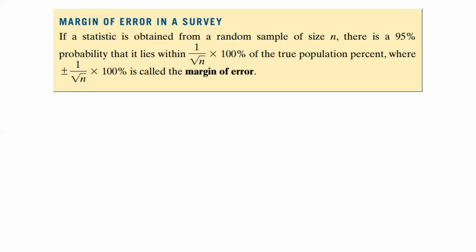It depends on how many data points you gather. If you gather a lot of data points, like in the billions and trillions, your margin of error is going to be pretty small. But if you only gather like 10 data points, and sometimes they don't gather that many when they're making these suppositions on the news, you're going to have a very large margin of error, which tells you how likely it is that what you're looking at is just plain wrong.